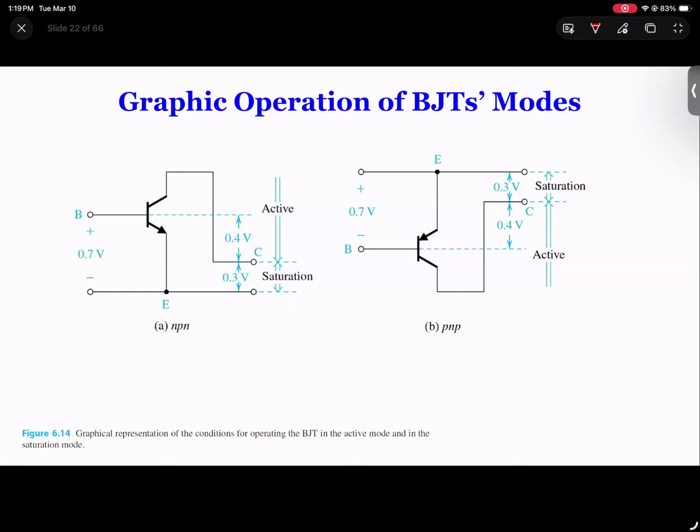If we see larger than 0.3, it's more, so it will be in active mode. Once you do that, you're going to be in saturation mode or in active mode.